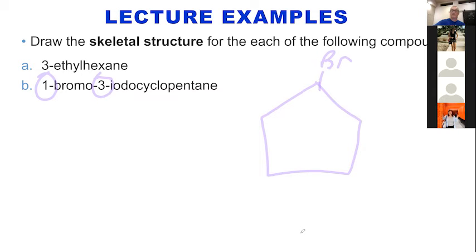Now I could put it there, or I could put it there. It wouldn't make any difference. So I could go 1, 2, 3, 4, 5, or I could go the other way. It wouldn't make any difference at all. Just don't put them in both places, because basically they'd be mirror images of each other.